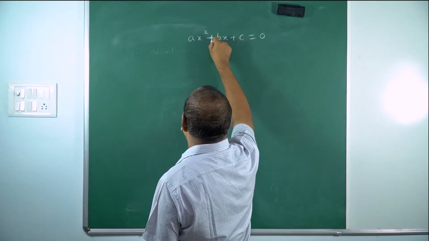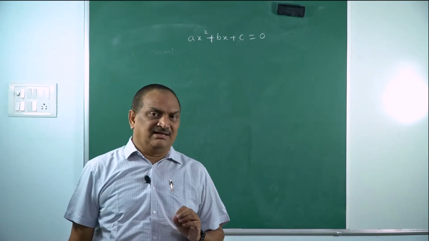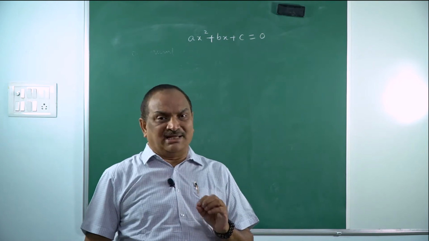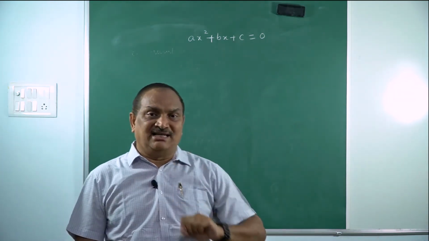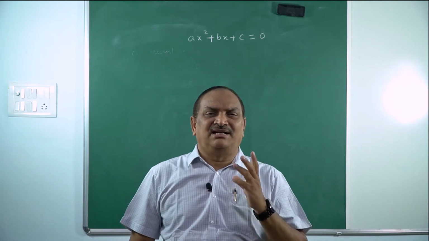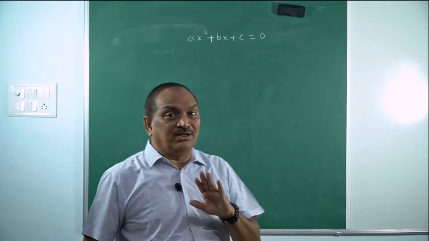This is the standard form of the quadratic equation. For my convenience, I multiply throughout by 4a. I will tell you the advantage a little later. I multiply throughout the equation by 4a.